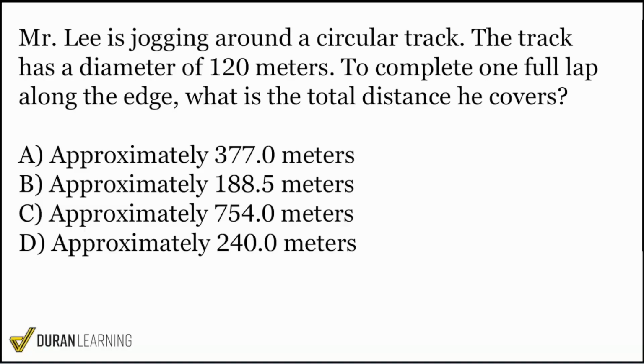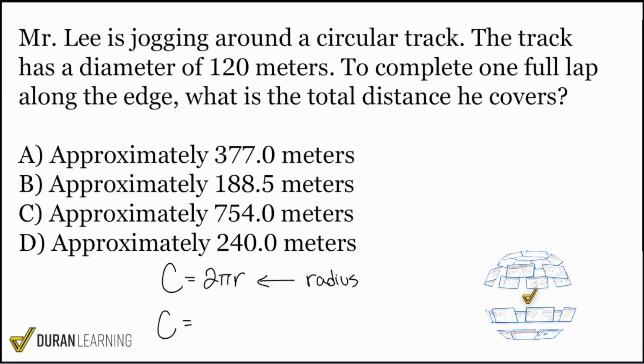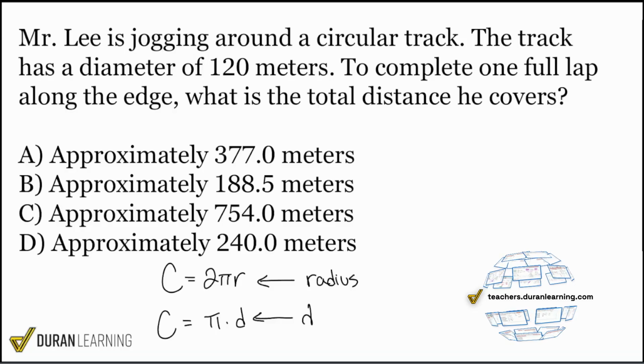So we have two formulas that we can go off of. Number one is going to be the circumference equals 2 pi r, if we have the radius. The other one is going to be pi times the diameter, and that's going to be if we have the diameter.